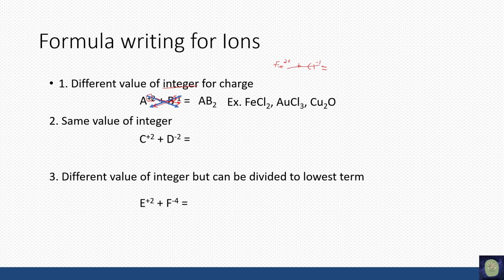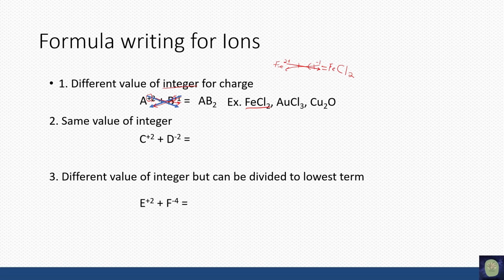We put the 1 here, we put the 2 here. So we have Fe, which only has 1. If 1, hindi natin sinusulat. Then chlorine, which now has 2. So this is FeCl2. Okay?